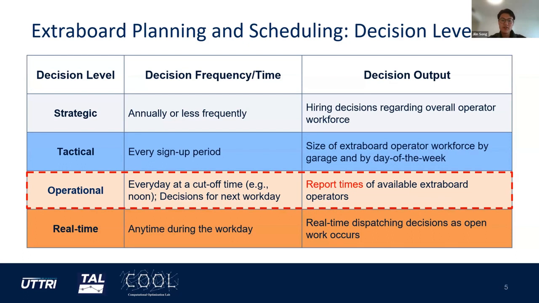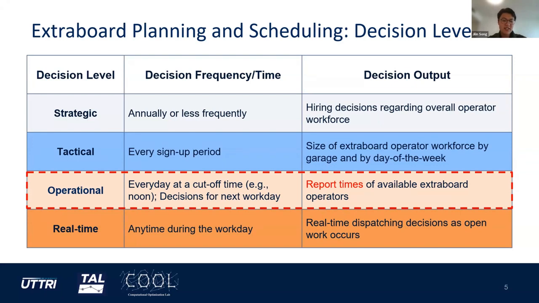And the operational level is our focus today. It is about giving daily assignments to the available Extraboard operators. And decisions are made on the previous day of the day of operation. We'll talk in detail in the next slide. And the last component is real time.